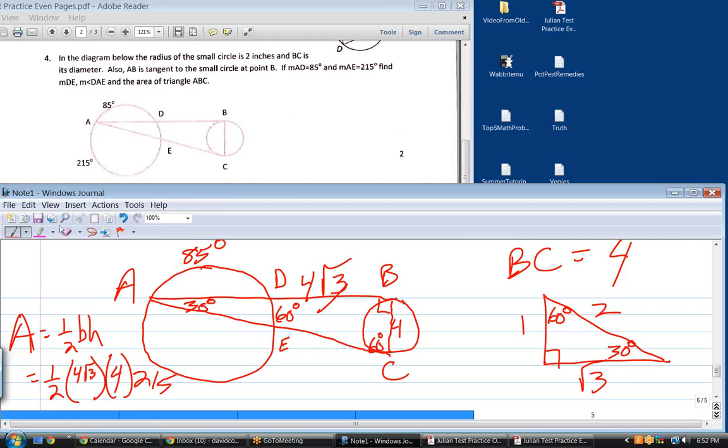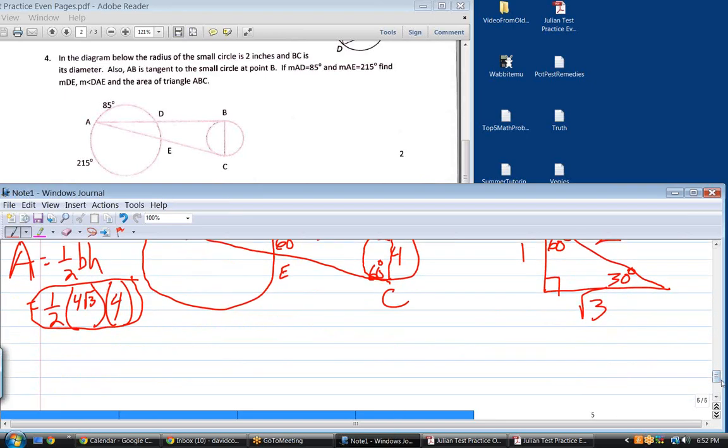I'm going to erase this. We don't need it anymore. What's that simplify to? I don't know. Okay, well, let's go over that math.